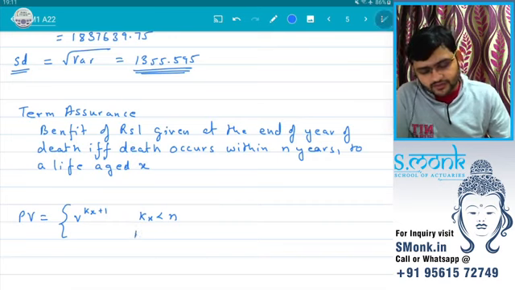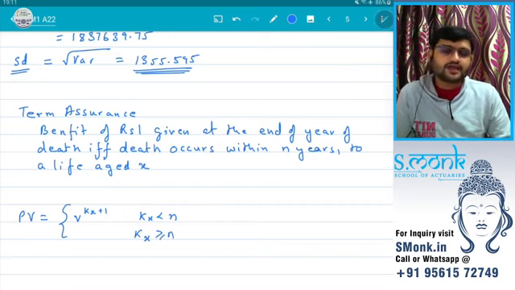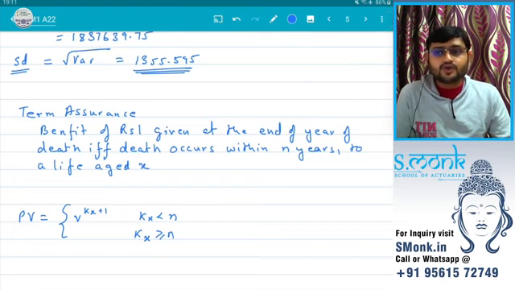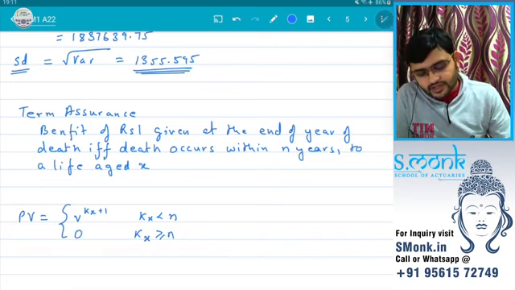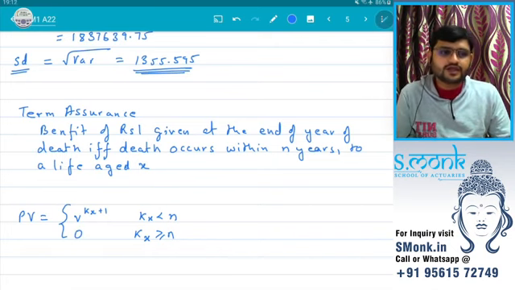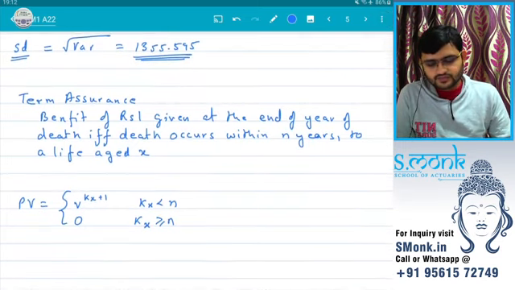But if the death occurs after n years, that means our Kx is n or more than n, because Kx is the number of years a person survives. So if the person survived n years, that means the death occurs after n years. Then zero payment is given.